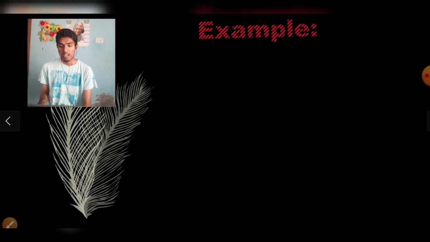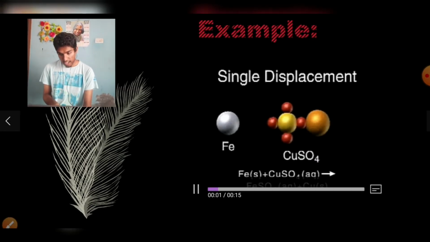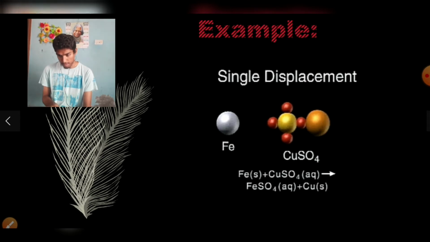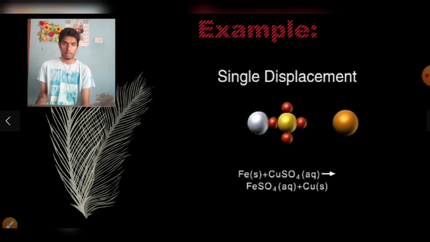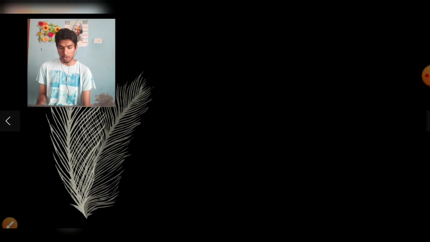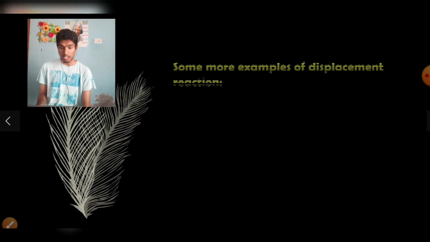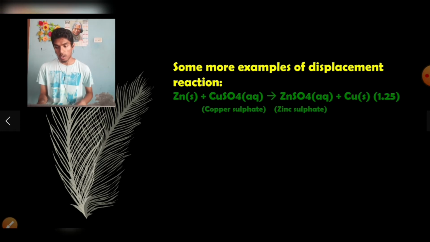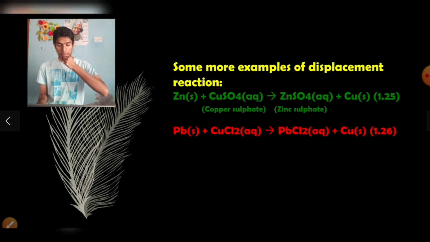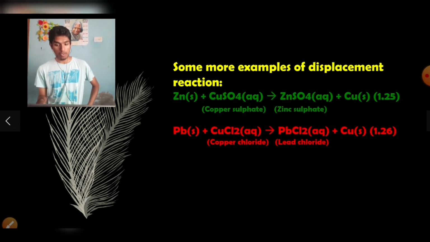Here, iron is reacting with CuSO4 and Cu is being displaced by iron. So Cu comes out as a solid and iron sulfate is formed. Here are more examples of displacement reaction. Zinc plus copper sulfate gives us zinc sulfate and copper. Another example is lead reacts with copper chloride, giving us lead chloride and copper.